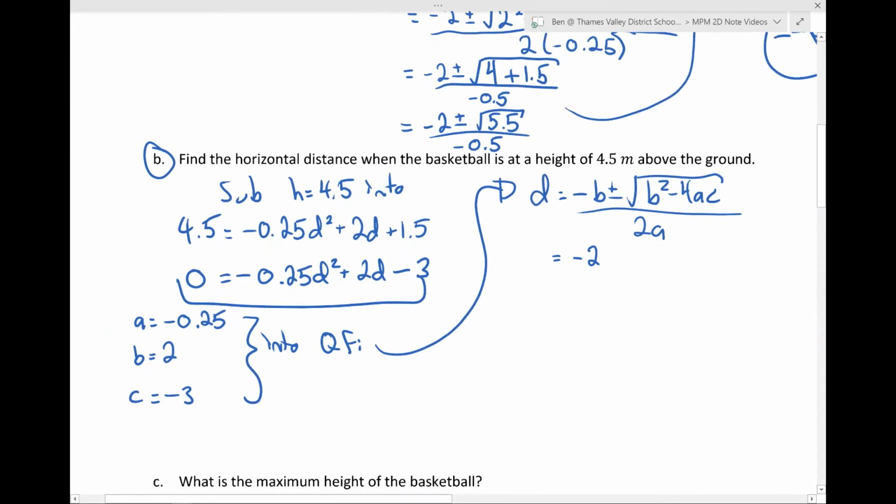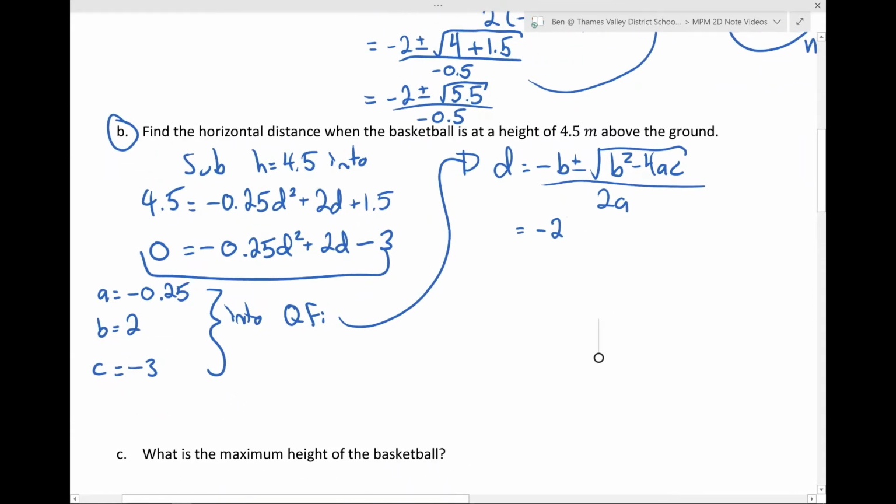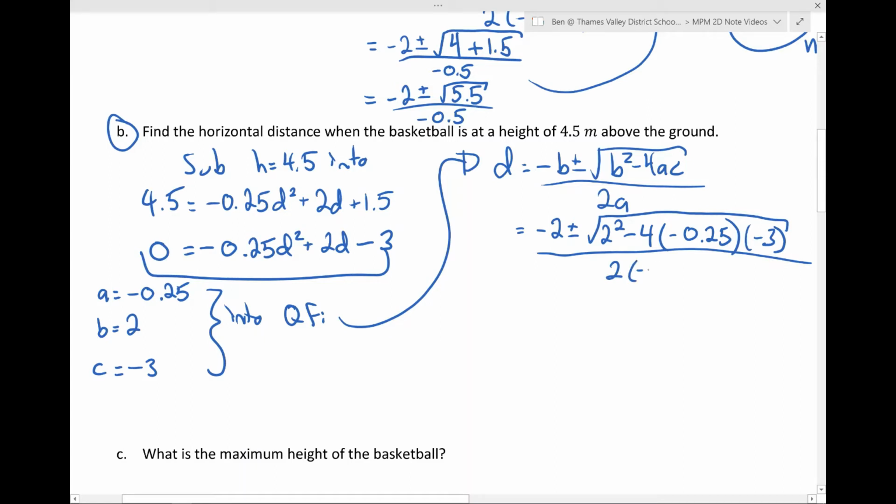Negative 2 plus or minus the square root of 2 squared minus 4 times a, which equals negative 0.25, times c, which equals negative 3. That's under the square root, and then everything is over 2a, where a equals negative 0.25.